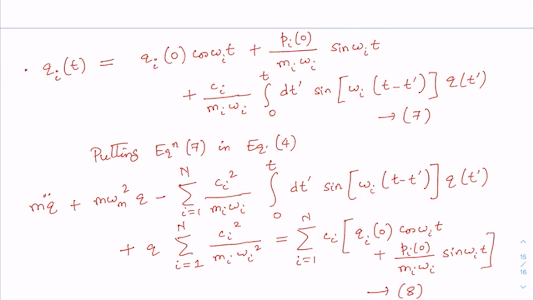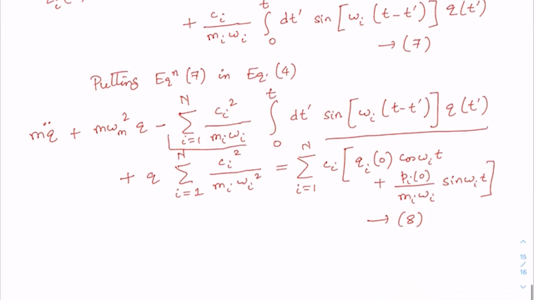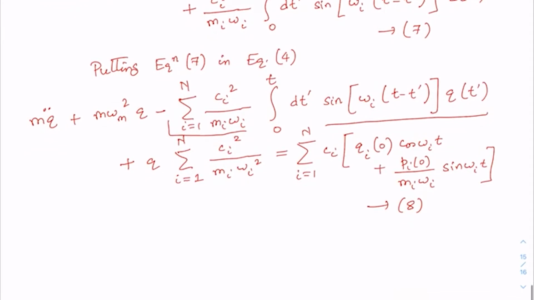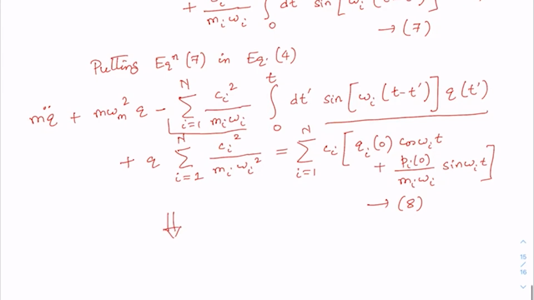In fact, you see this particular term, this third term in equation 8 on the left hand side. This can be simplified by using integration by parts, and after simplification that is very straightforward, I can write equation number 8 as follows.